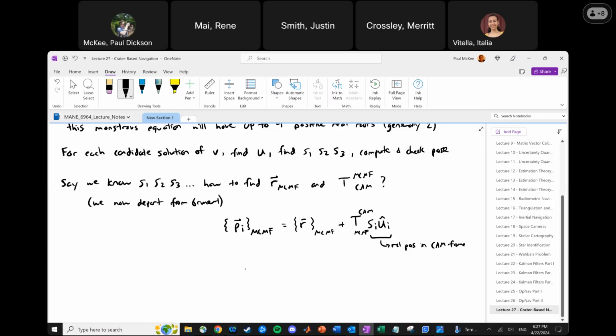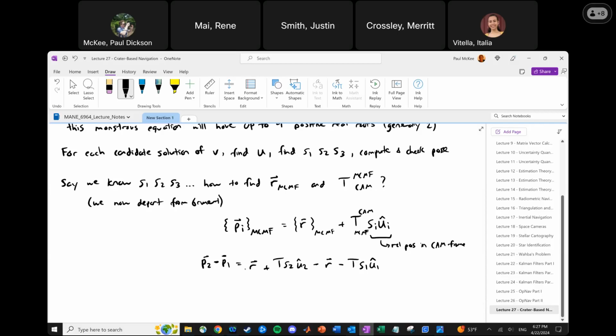Now what's neat about this is if you subtract them and we say, okay, P2 minus P1 is then equal to R plus, I'm going to abbreviate this as T for now because I'm getting lazy, S2U2 minus R minus TS1U1. R minus R cancels out.